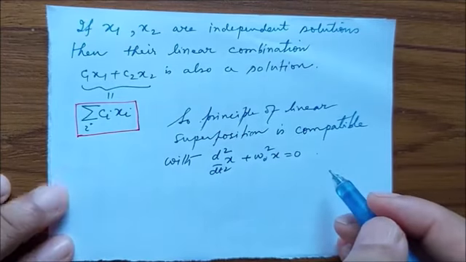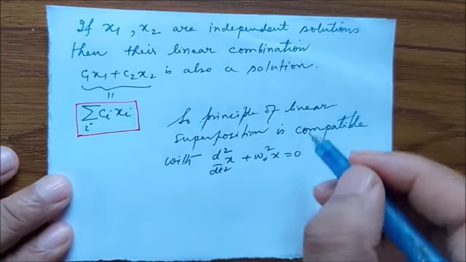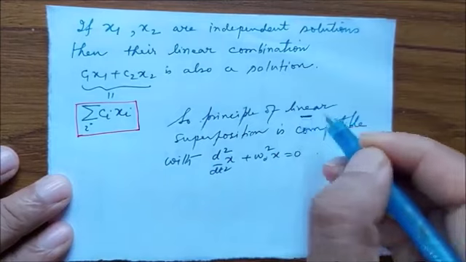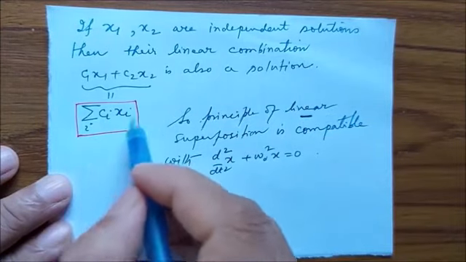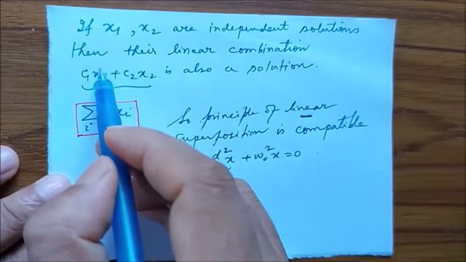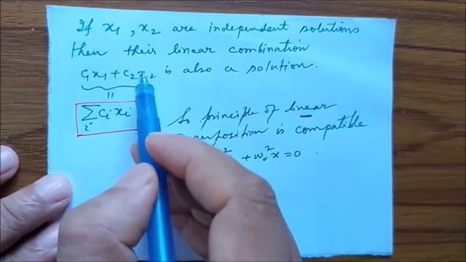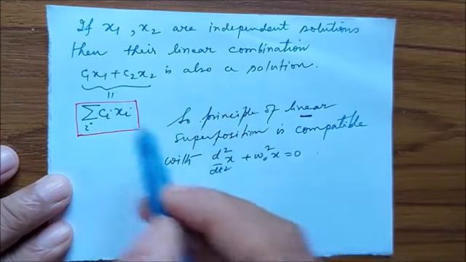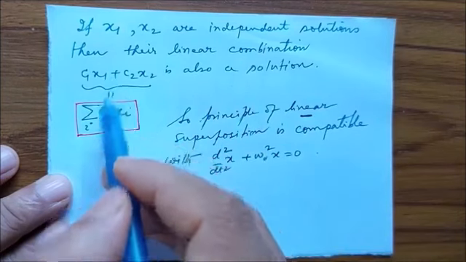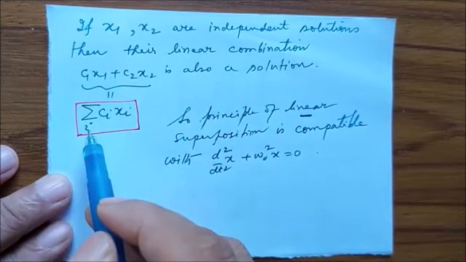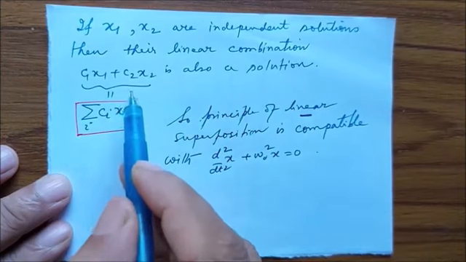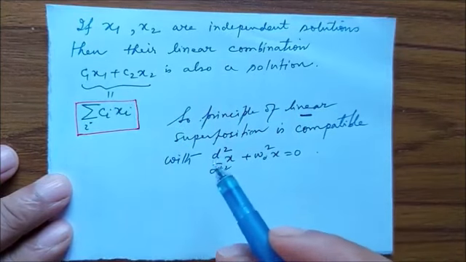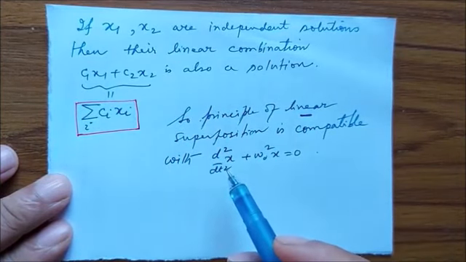Let me reiterate why it is linear. Because in the solution we have x1 to the power 1, x2 to the power 1, and therefore it is linear. And why superposition? Because of the presence of this plus sign or the summation sign. The solutions being added makes no difference, it is still a solution.